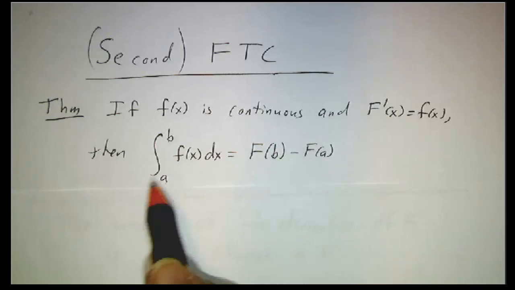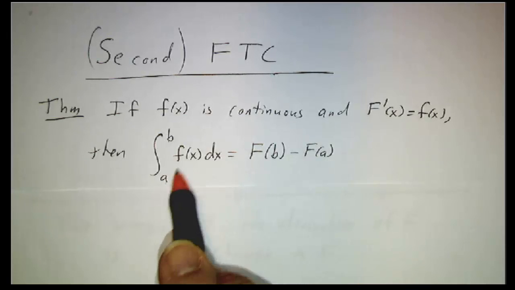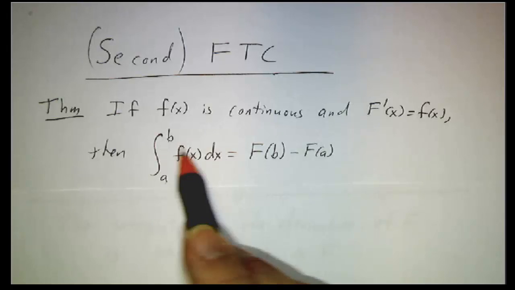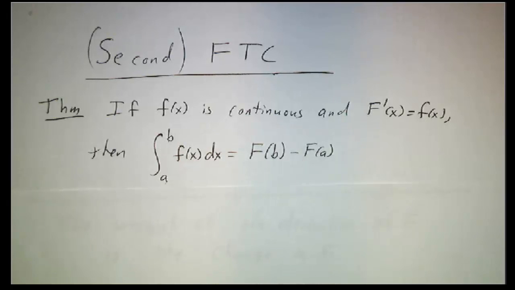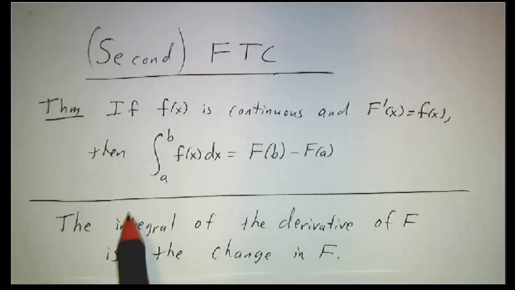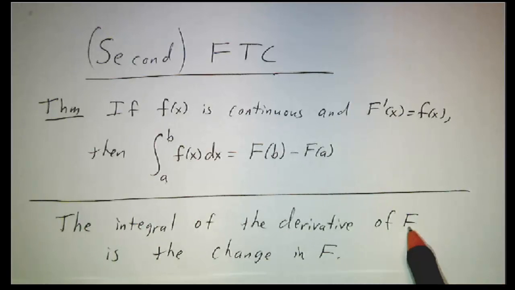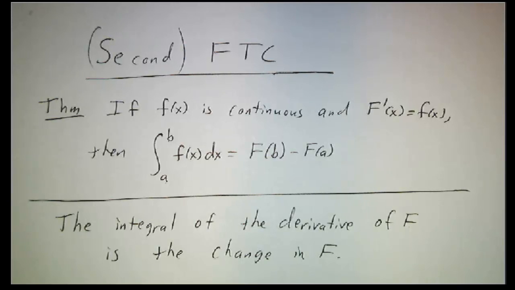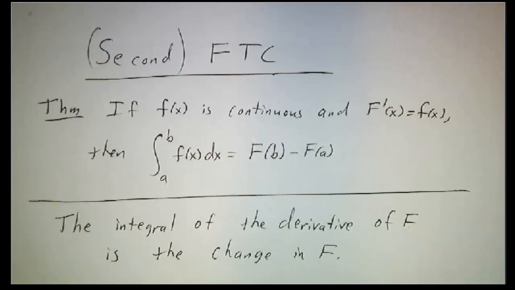In other words, the definite integral of little f from a to b is the change in big F. Or put another way, the integral of the derivative of big F is the change in big F. Now, this is far and away the most useful way to find definite integrals.